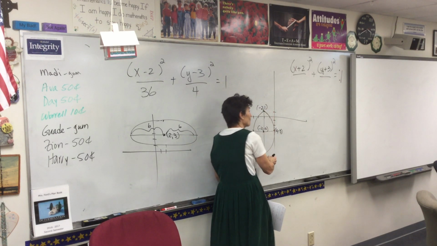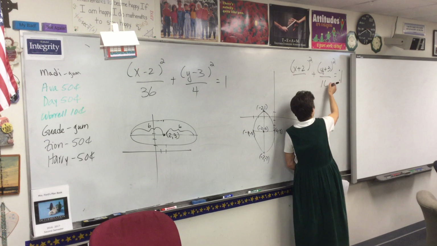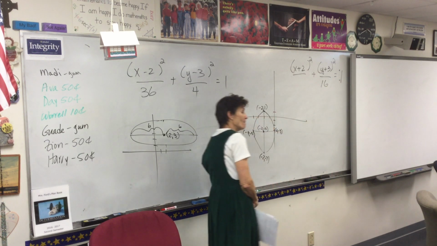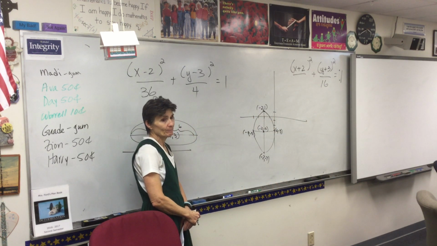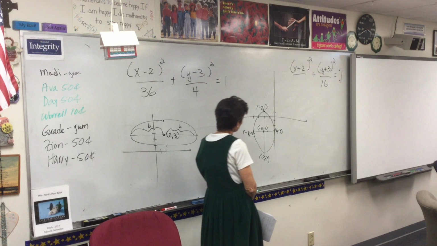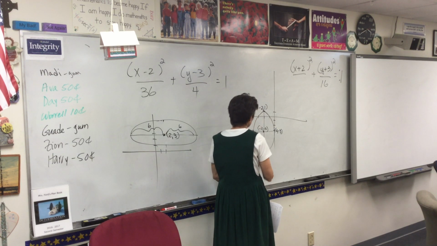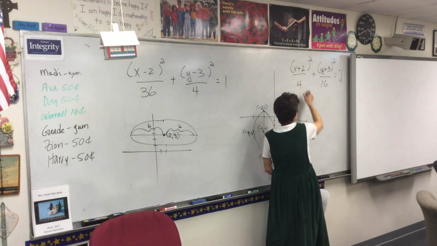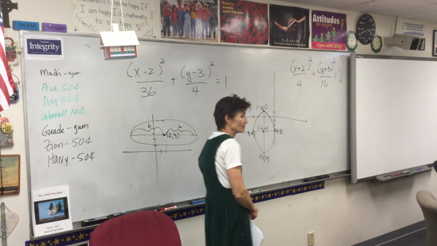If we're going up and down 4, we're going to put a 16 under the Y. Be careful. Make sure you get it under the right letter. And then we're going sideways 2, which means this is a 4.